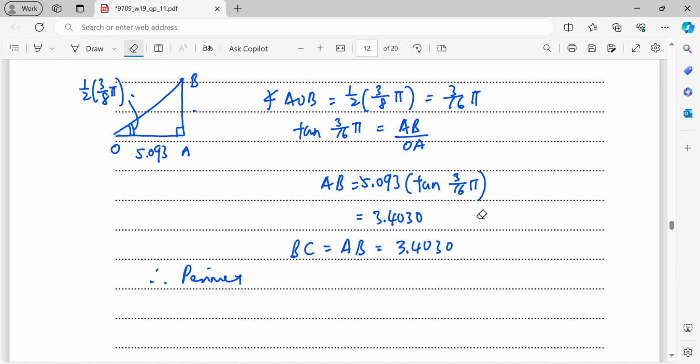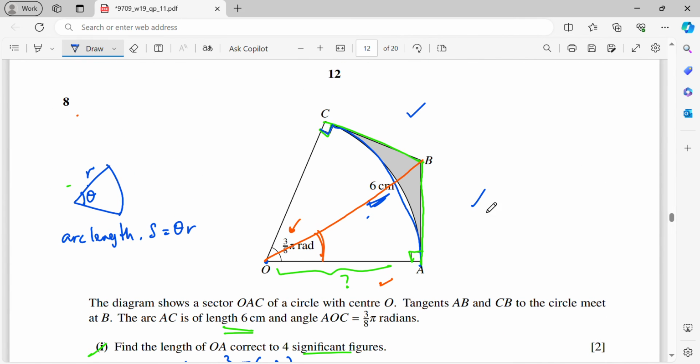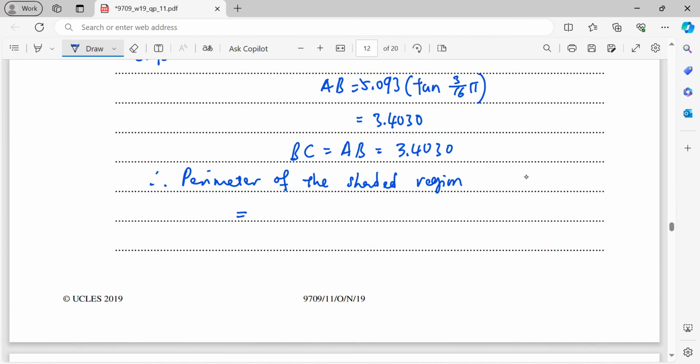So now the perimeter of the shaded region equals arc length of AC plus AB plus BC.